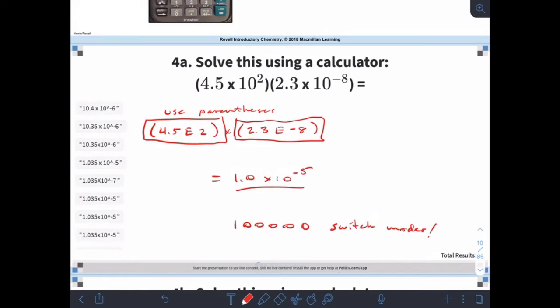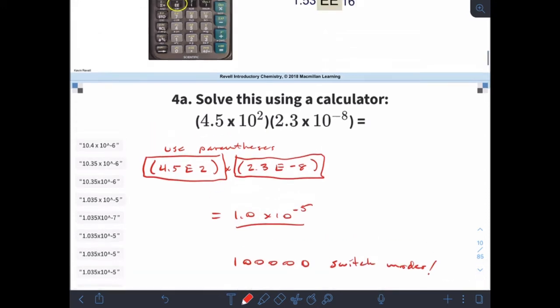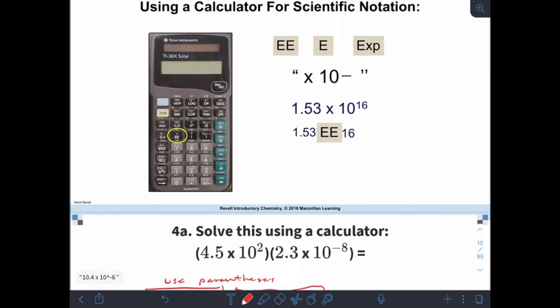Sometimes your Sapling homework and various things are going to require that. Right now, you've got to listen to my words because I can't really show very well how to do this, but looking at this image right here, you see this little guy, that SCI. That's how you change from standard notation in your calculator to scientific notation.